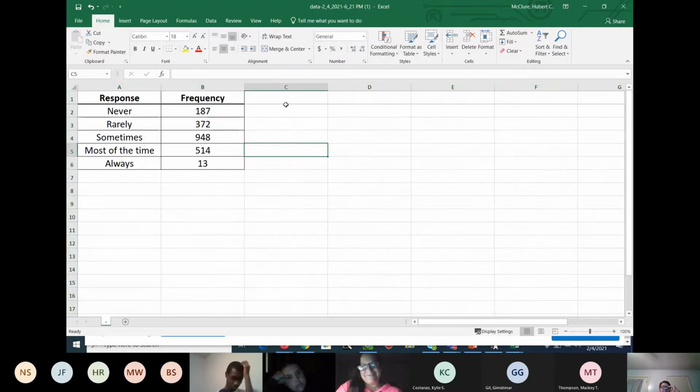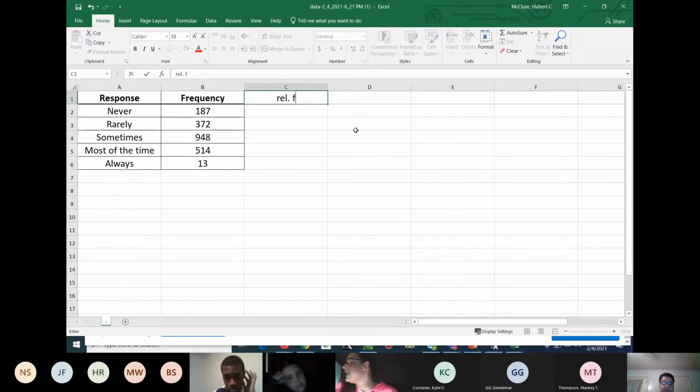There. All right, so I'm going to put relative frequency right here. Relative frequency. And I want y'all to take a minute and do the relative frequency. I want y'all to do it before I do. Please.